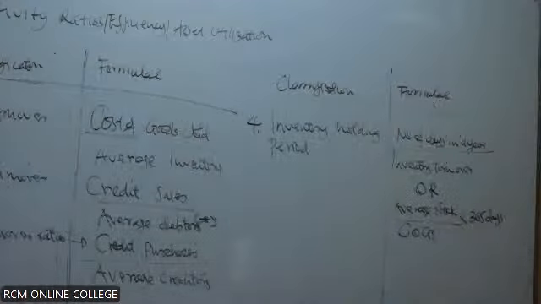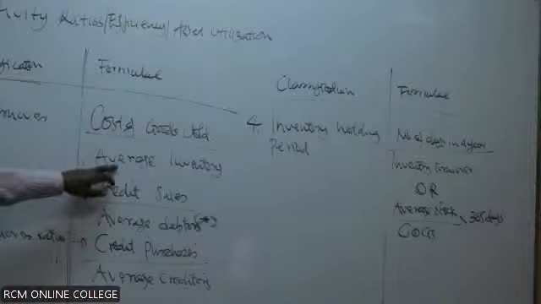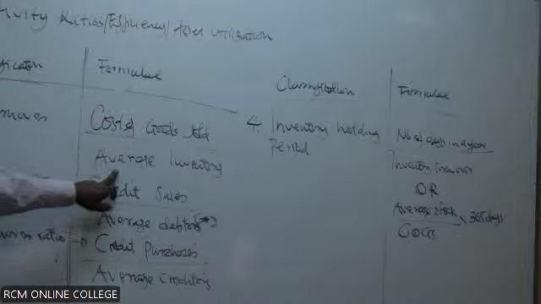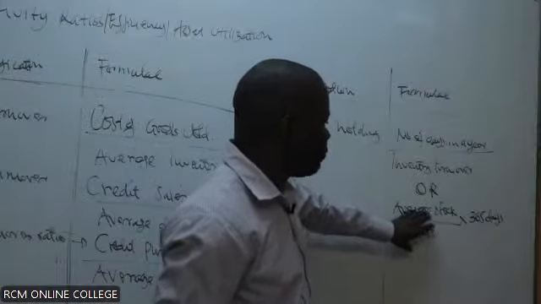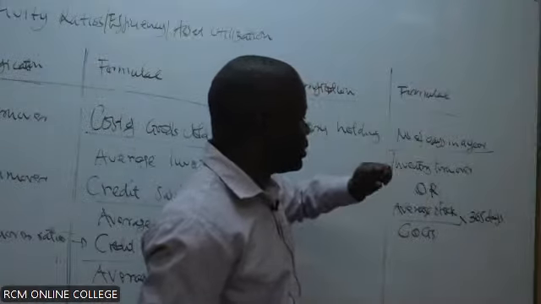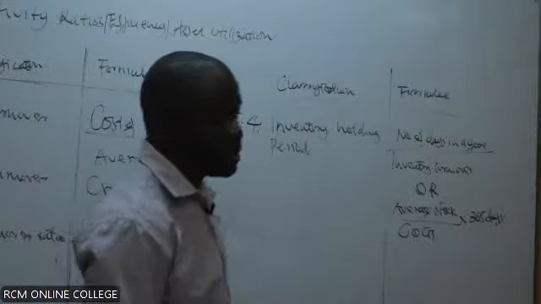Ideally, what has happened is we've reversed this formula. So this one has gone up, this one has gone down. Then you multiply by 365. It's just the same formula as this one.